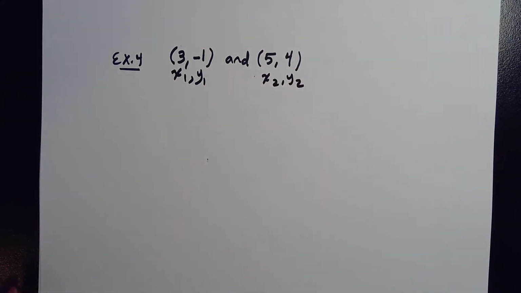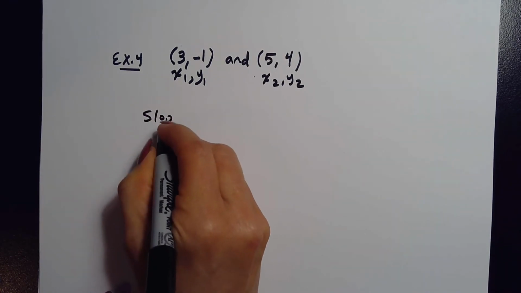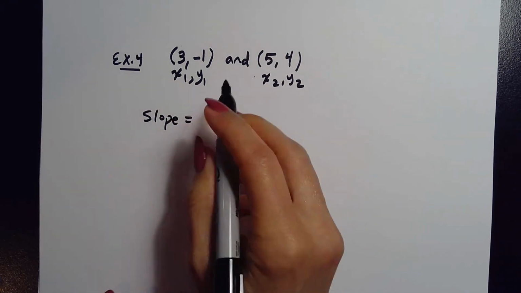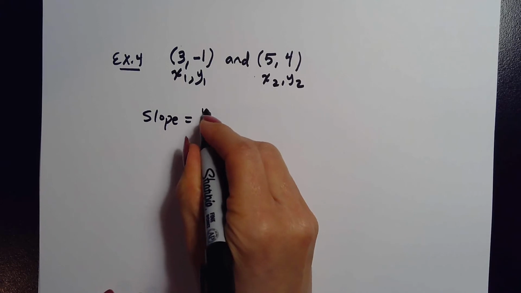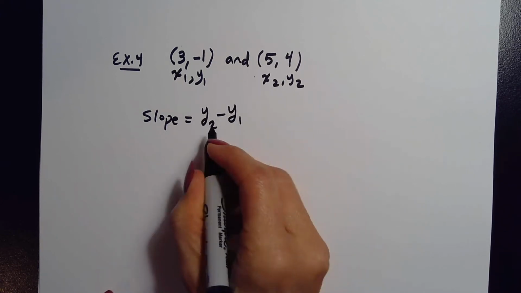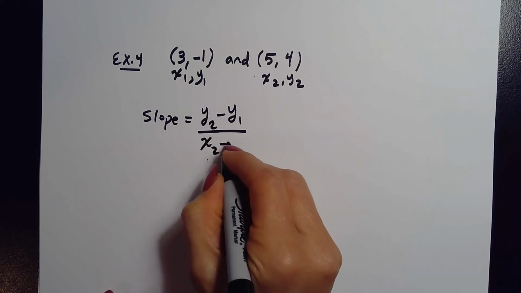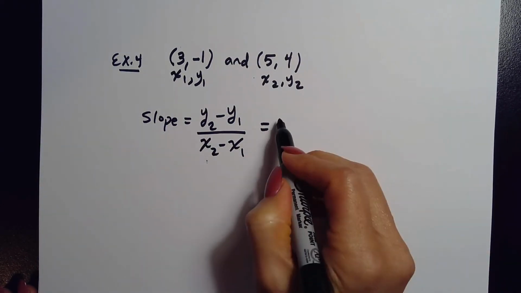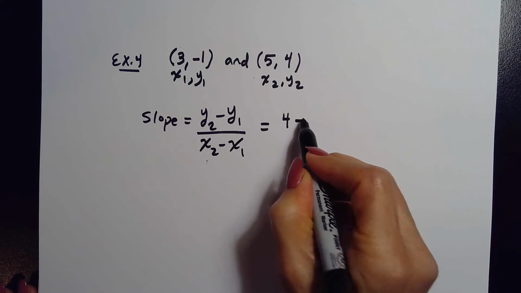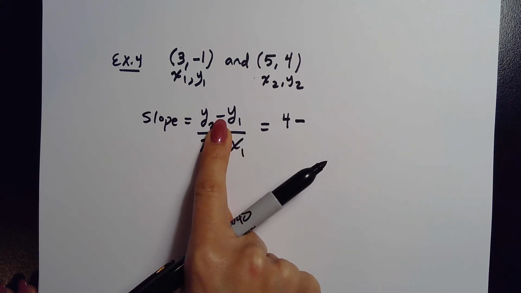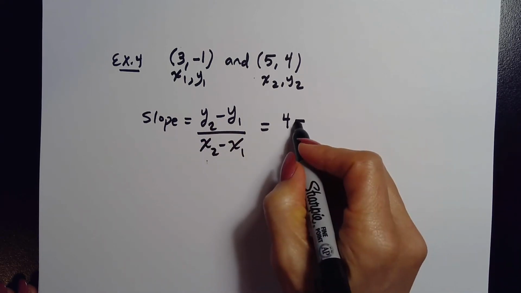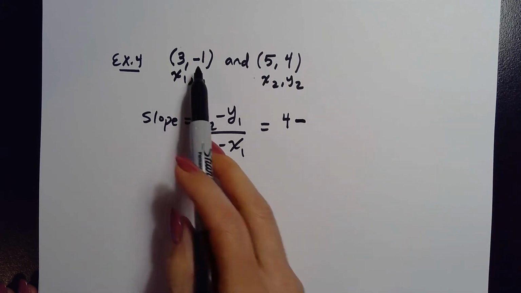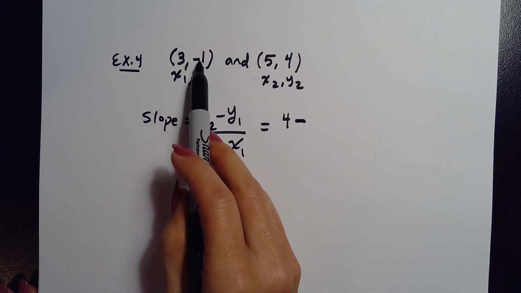I'm going to use the formula for slope, which we already discussed: y2 minus y1 divided by x2 minus x1. So that's going to equal 4 minus, remember the minus is part of the formula, so be careful when you have a negative number and you're subtracting.